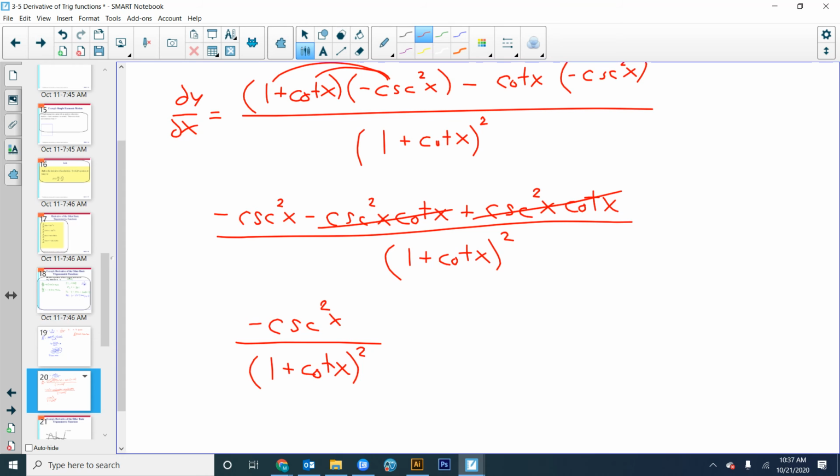Mine was kind of similar, but I was just wondering, are we allowed to use our calculator on these, like for 13? You don't have to, but you'd have to on 13, since it had that 3 in there. If it was just sine of t and that's the position, what would the velocity be?